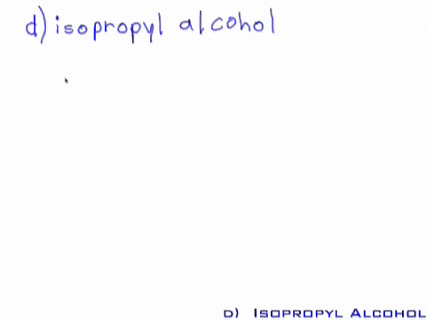Well, if you remember correctly, an isopropyl group is a CH3 bound to a CH, bound to a CH3. Attach an OH for the alcohol group, and there it is, isopropyl alcohol.